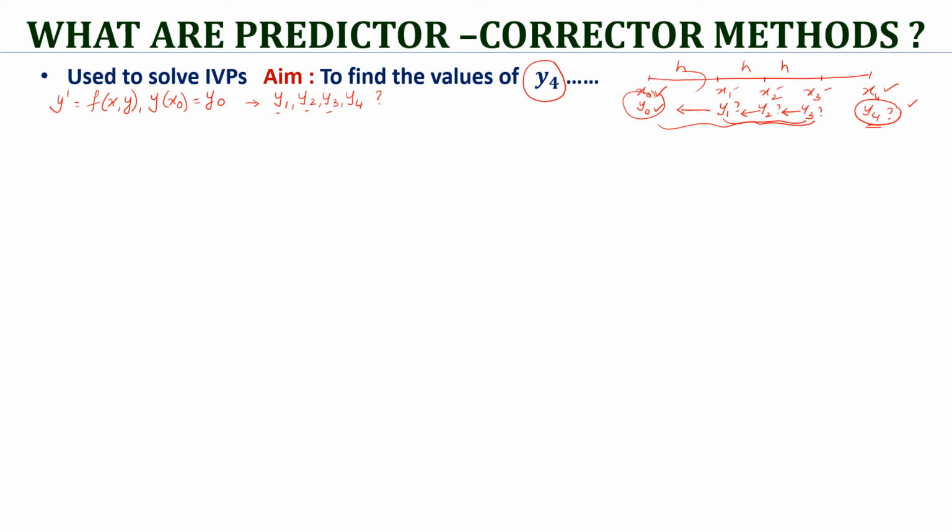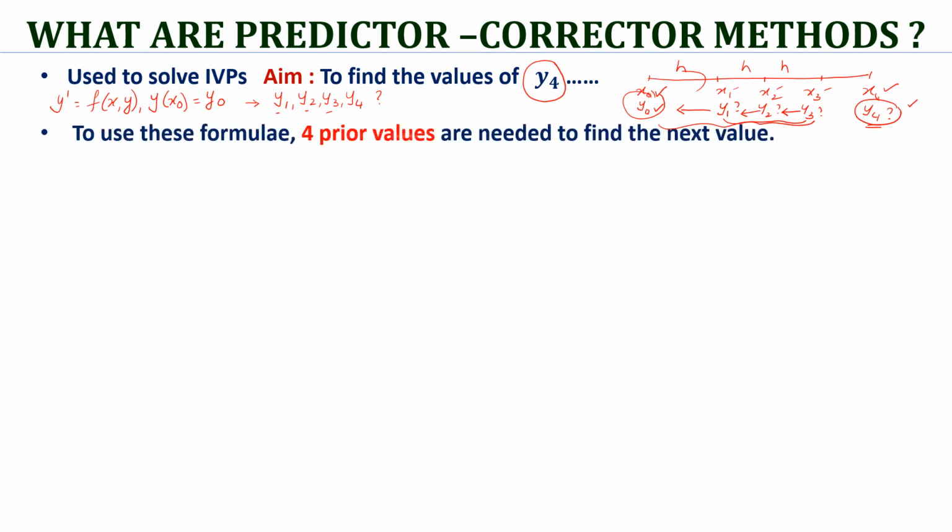So the first point that you should understand in these methods is that the unknown is computed making use of 4 prior values before the unknown. When I say prior, it is before the unknown. So I need 4 prior values, both of x and y, to get the value of y4: x0, y0, x1, y1, x2, y2, x3, y3. I need 4 sets of values to find y4. That is my first step to understand.